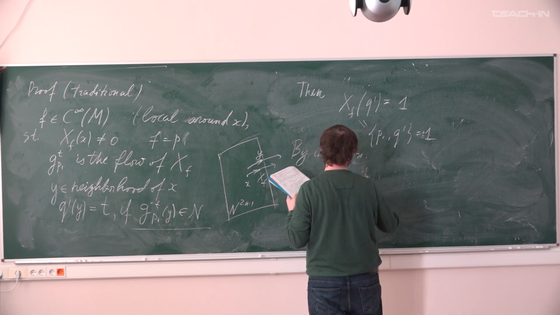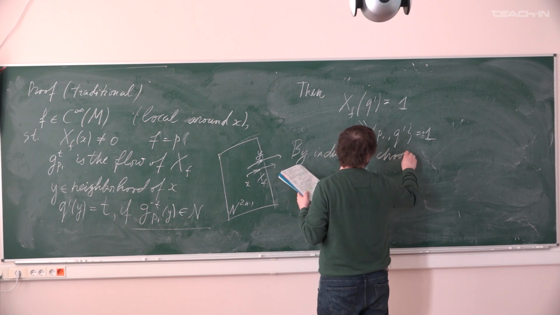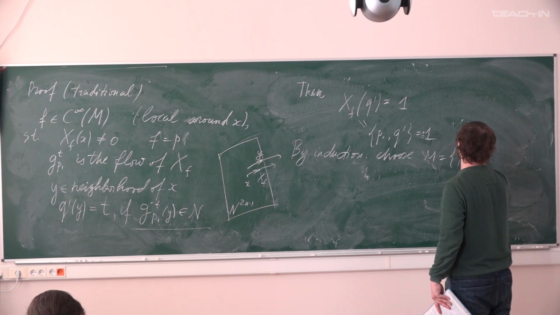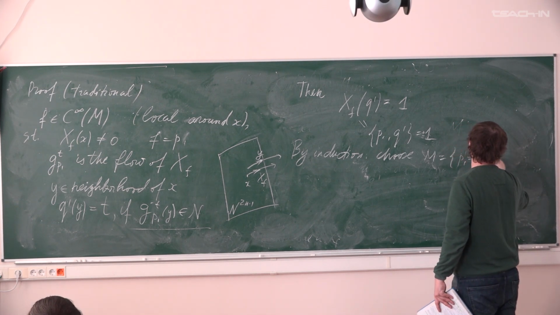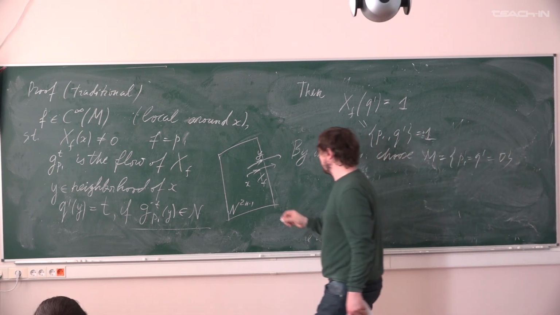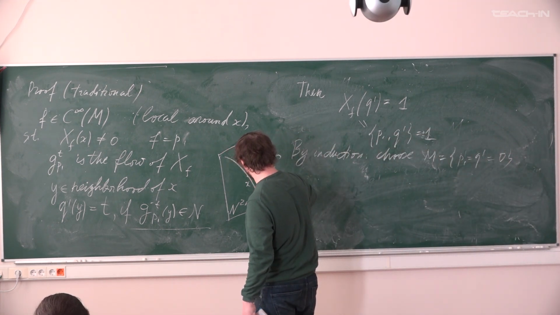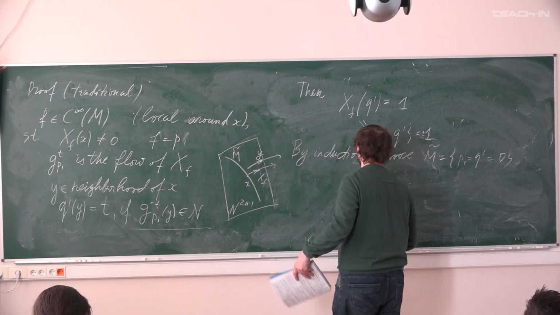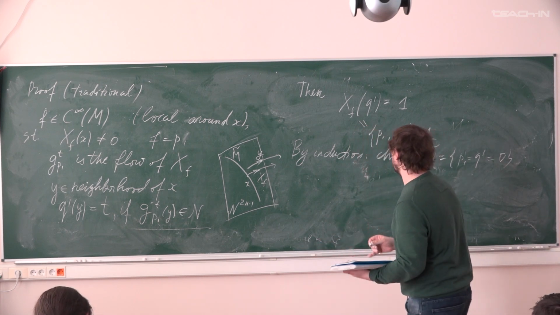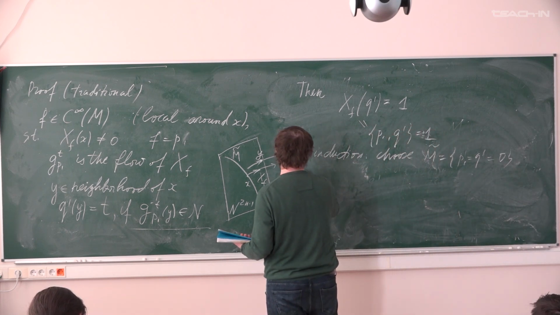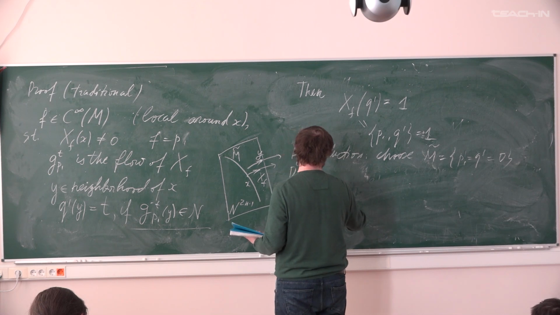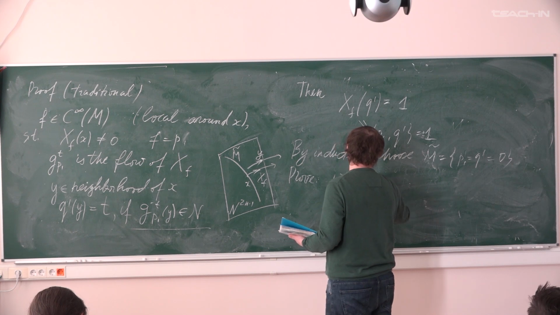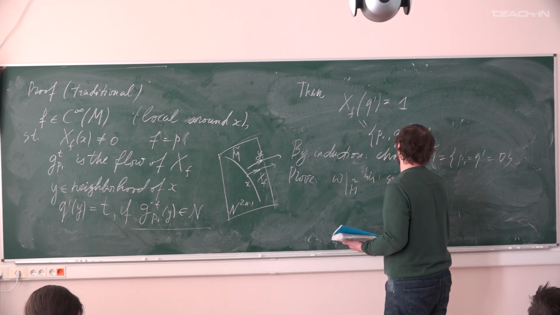Okay, now we choose M tilde equal to the space p1 equals q1 equals 0. So it's some hyperplane in N, as you can see. Then you need to prove that the restriction of omega to M tilde is symplectic.